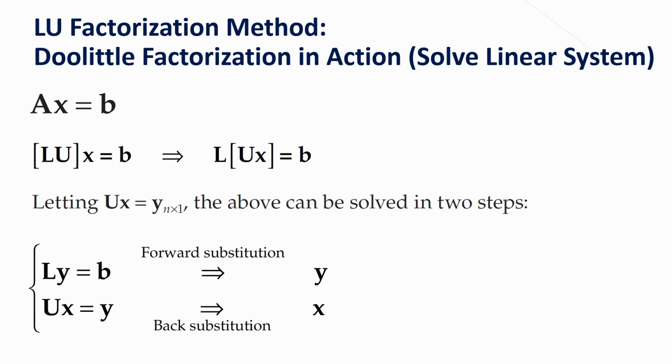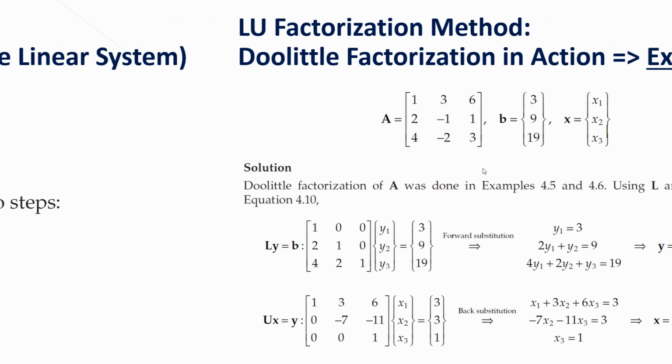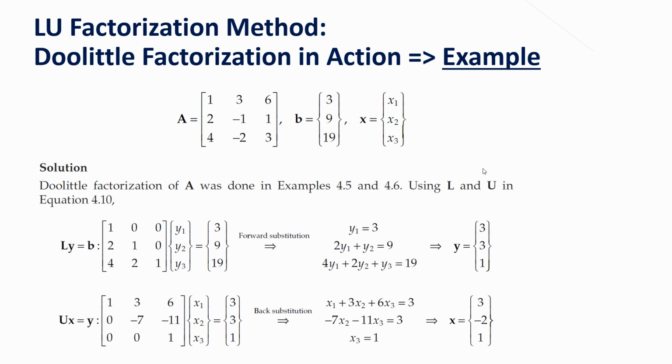Okay, now let's see. From the previous examples, we already got the L and then U matrix for this A, right? Previously, we got the L matrix using the Doolittle factorization.